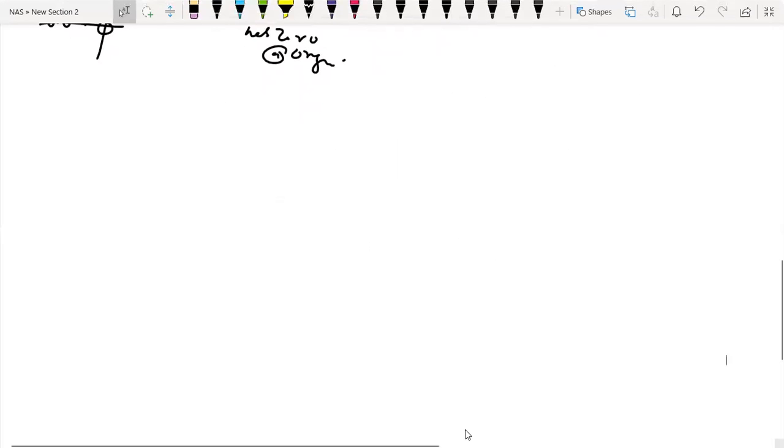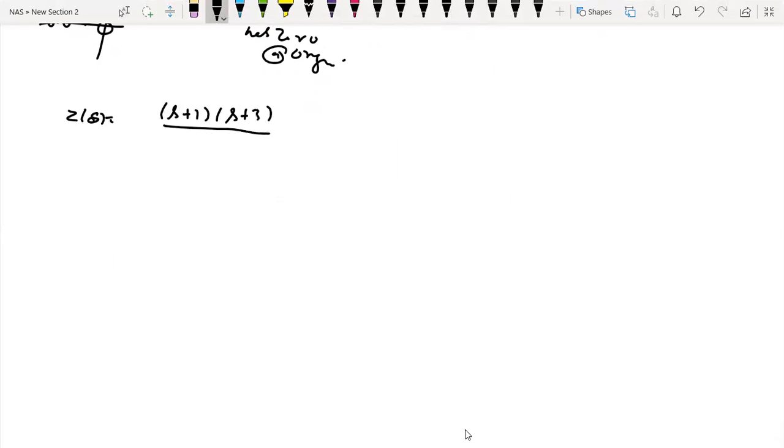So just take the example. The same example, Z equal to (s plus 1)(s plus 3) divided by (s plus 2)(s plus 4).